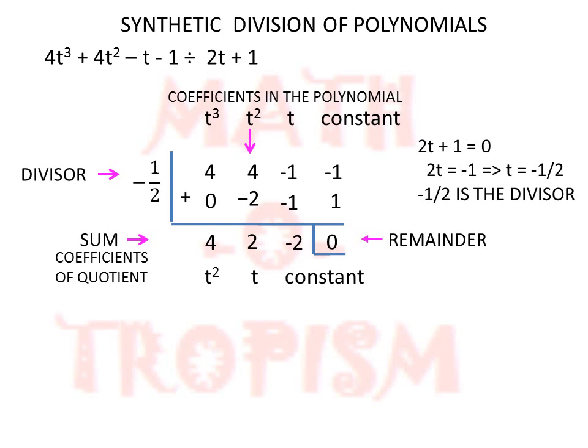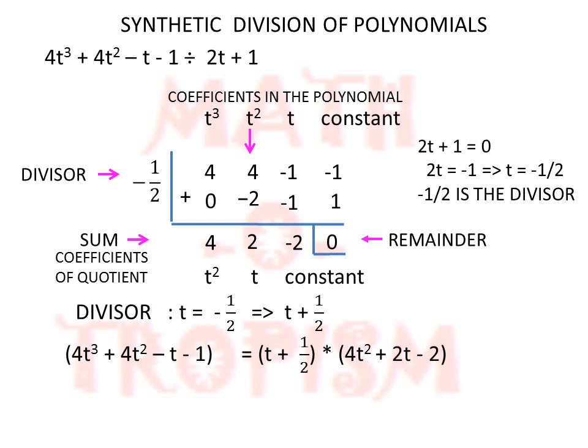So when we are writing the given polynomial as divisor into quotient plus remainder, we need to take t is equal to minus 1 by 2 as the factor. So when I rearrange, it will be t plus 1 by 2 is equal to 0. So this is the divisor or the factor of the given polynomial.